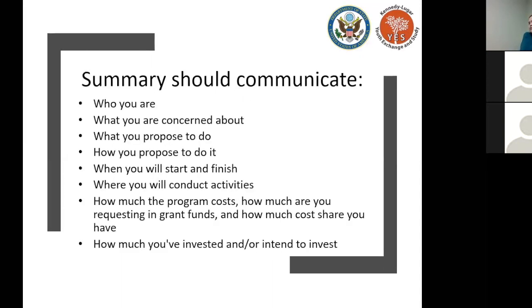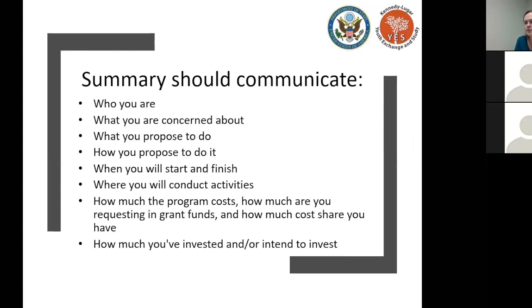Okay, so what should your project summary include? It should indicate who you are, what your concerns are, what you propose to do about those concerns, how you will do it, when will you start, finish, where will your activities be conducted, how much does it cost, how much are you requesting in grant funds, and how much cost share do you have, and how much you've already invested or intend to invest.